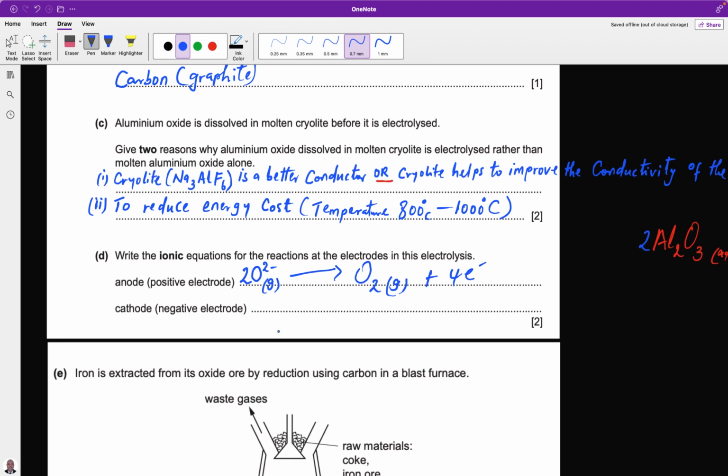Then at the cathode, what is happening at the cathode? This is what is happening at the cathode. At the cathode, we have the aluminum ion.